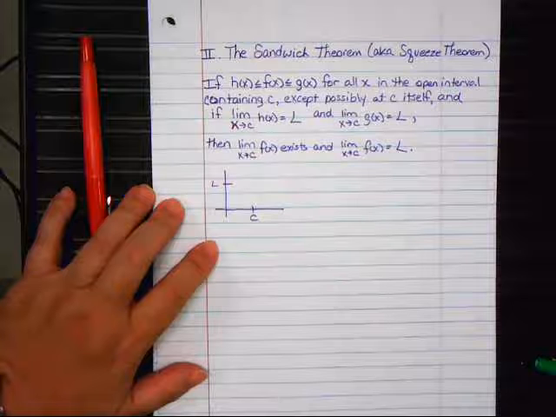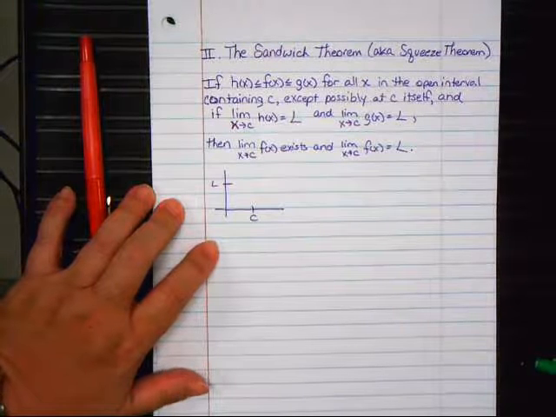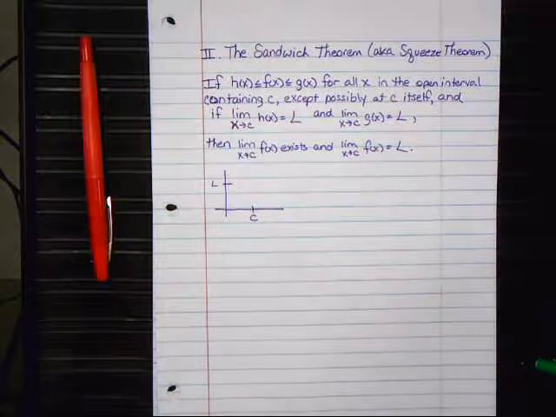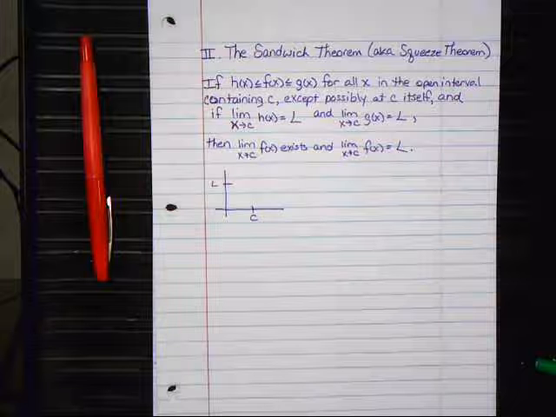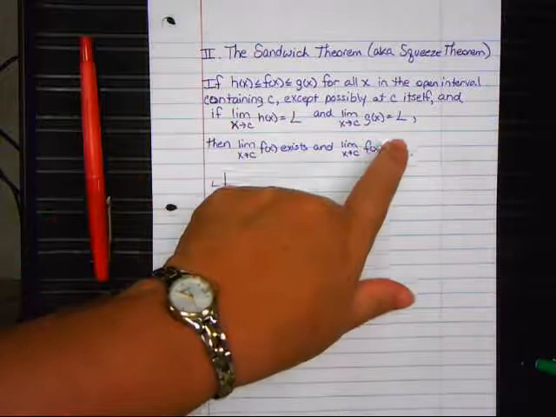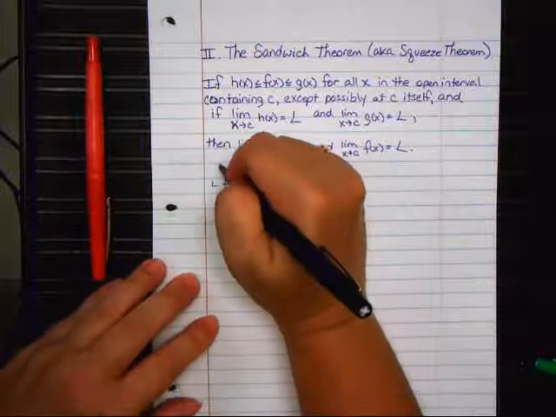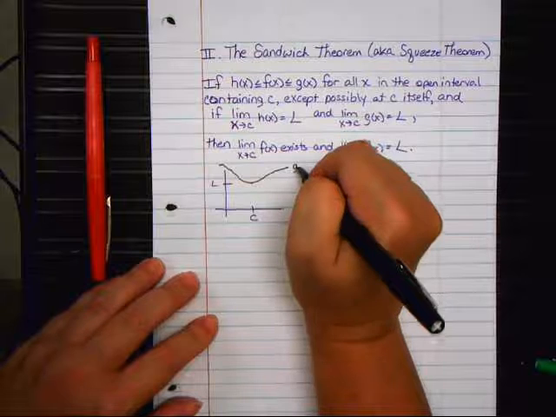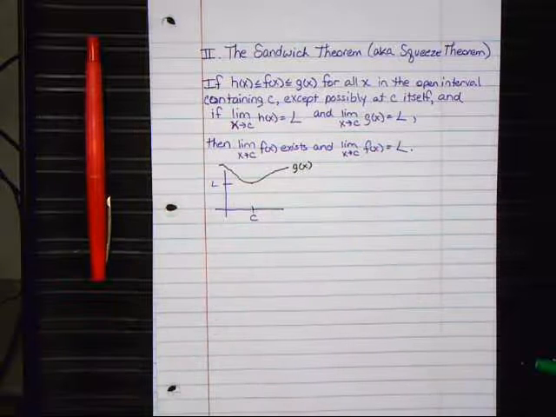Okay? Now, the top function, the one that's on top of the other two, is which one? It's going to be g of x. So I'm going to take my pen, and I'm going to draw the g of x function on top, kind of towards the top, but I got to make sure that its limit is L. So I'm going to have this function up here, that when it gets to C, the limit is L. And that's g of x. Okay?